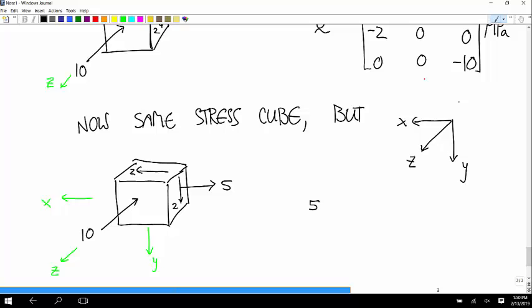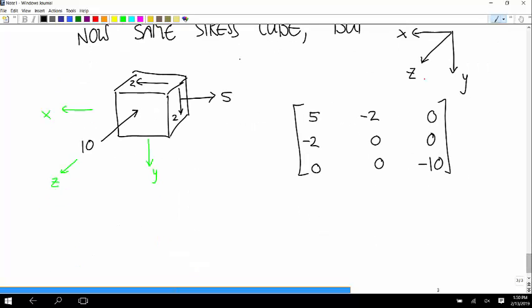Okay, so same thing with the, which direction is the y component on the positive x face? Yep, it's negative 2, then 0, and then 2, 0, 0, and then 0, 0. That one's still the same. So this is the same.